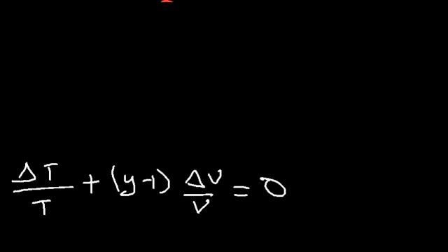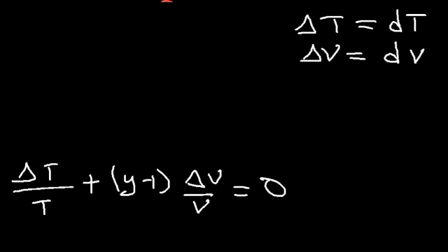Now delta T, if the change is very small, we can say it's approximately equal to dT, and delta V, given a small change in V, we could say that's equal to dV.